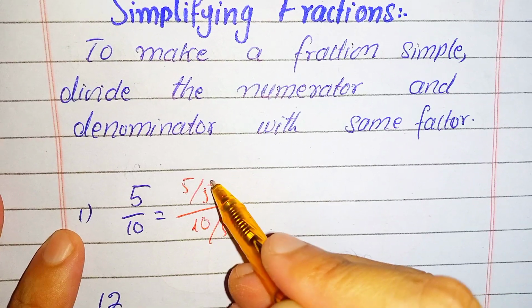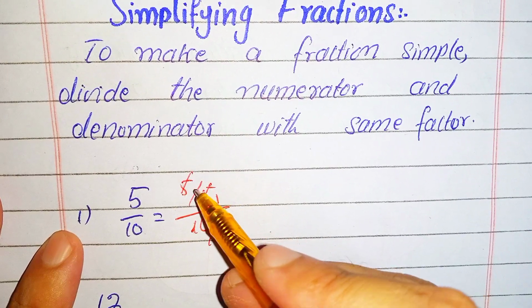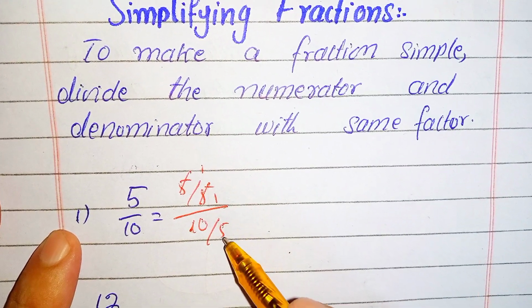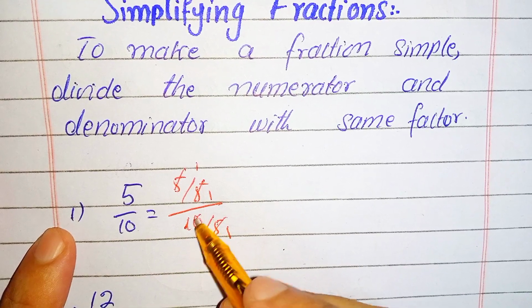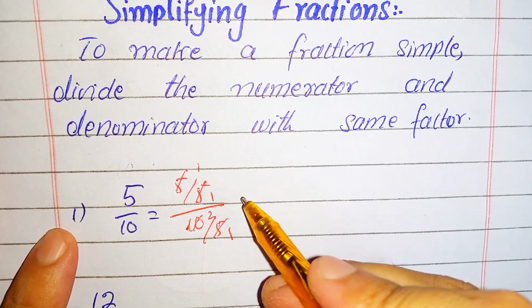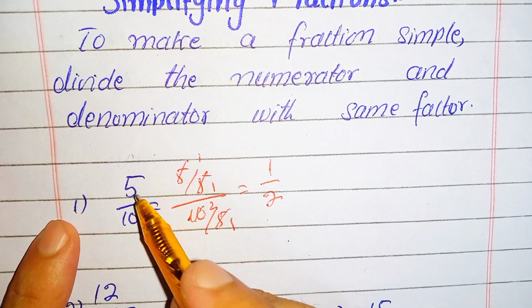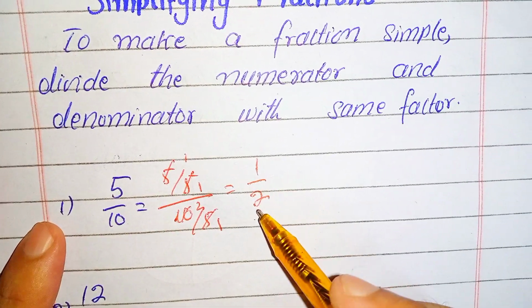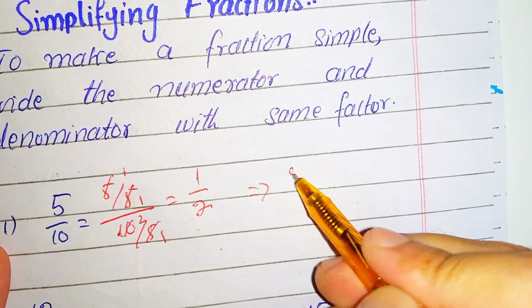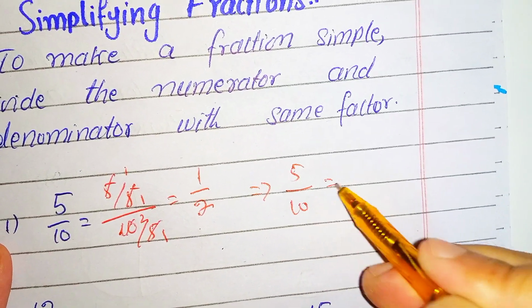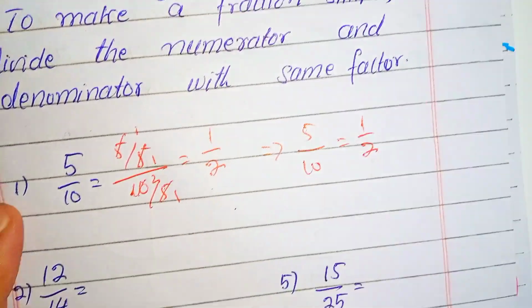So 5 times 1 is 5, and 5 times 2 is 10. So we can write it as 1 over 2. So the simplified form of 5 over 10 is equal to 1 over 2.